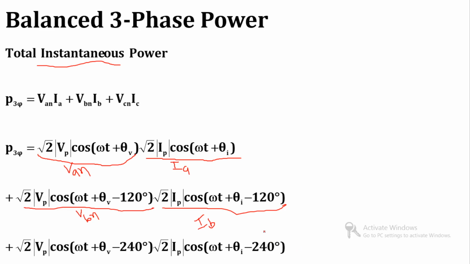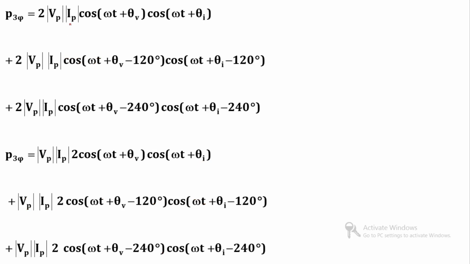So here I can simplify by multiplying this root 2 with this root 2, so that becomes 2. Again root 2 into root 2 is equal to 2, and similarly this root 2 into root 2 becomes 2. So my next simplification will look like this: 2 mod Vp Ip cos omega t plus theta v into cos omega t plus theta I. Similarly, 2 mod Vp Ip cos omega t plus theta v minus 120 degree into cos omega t plus theta I minus 120 degree.